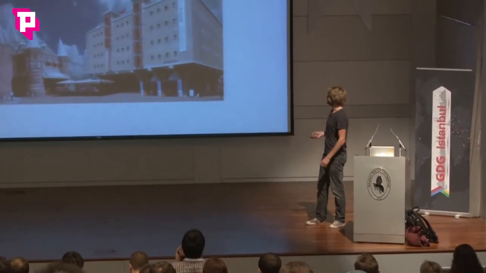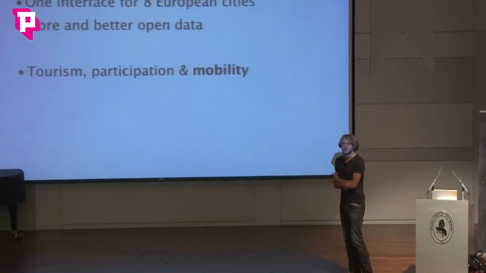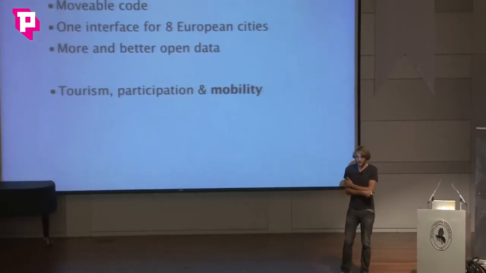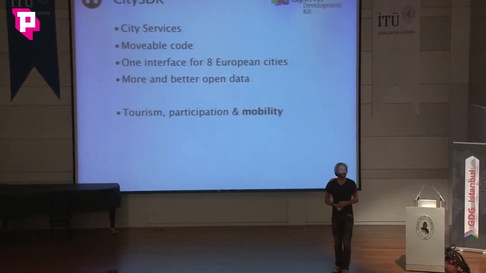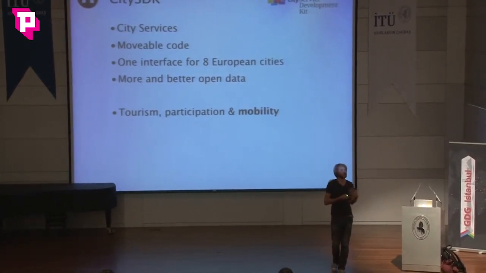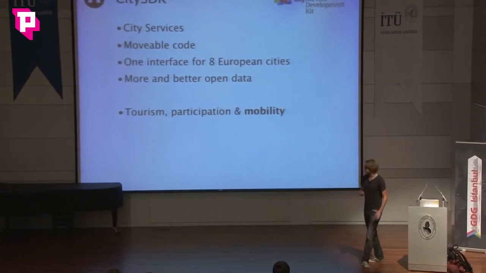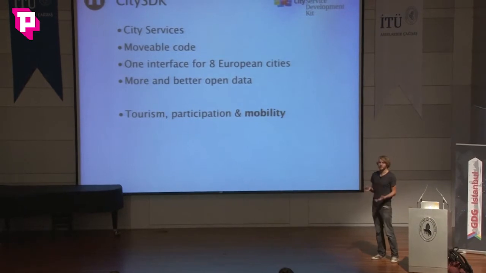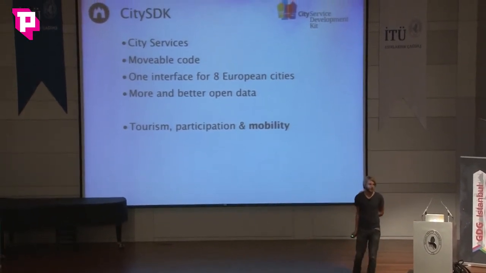This is, well, our office in Amsterdam. Anyway, City SDK is about movable code. Like I said, it's usually lots of hard work if you're a developer and you want to create apps and you have to start all over again in every city where you want to roll out your app. City SDK tries to create one interface for now 8 European cities and later maybe more.